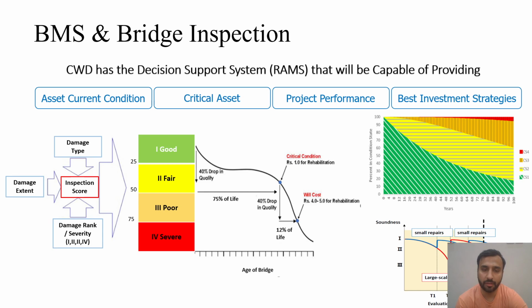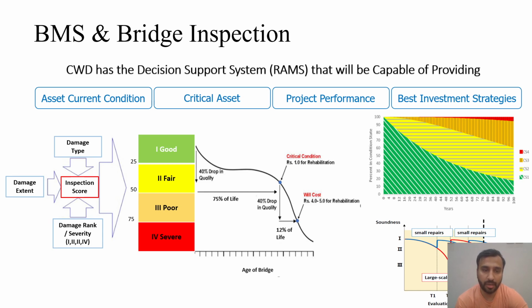As we know, whenever civil engineering structures are constructed, their performance deteriorates along with their age. Initially, it's in a good condition, but later on, with the passage of time, the condition deteriorates.